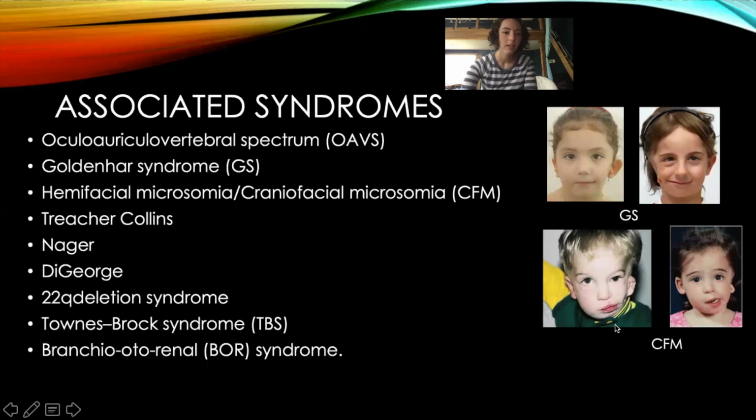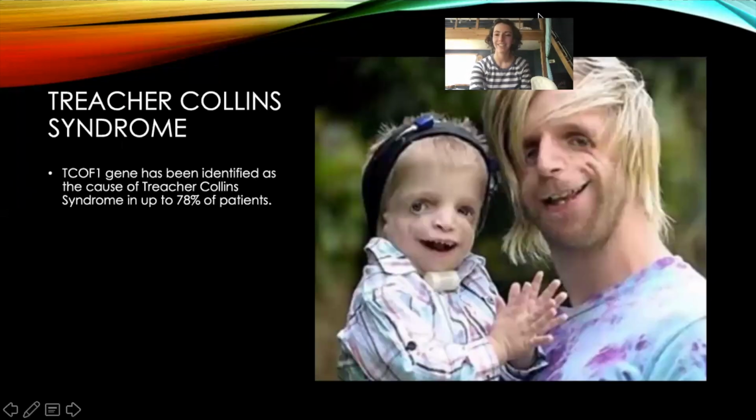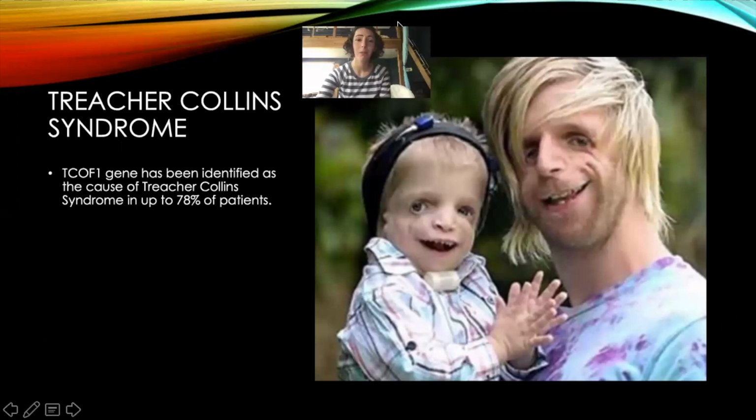And then if you see some of our other syndromes, we've already talked about Treacher-Collins, but we'll go ahead and look at a little bit more on Treacher-Collins. It's an autosomal dominant disorder that presents phenotypically with hypoplastic facial bones, microtia, cleft palate, hearing abnormalities, micrognathia.